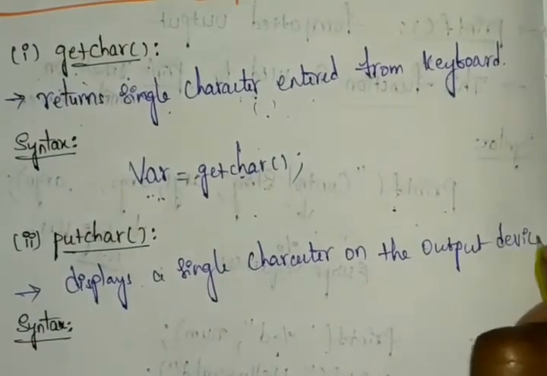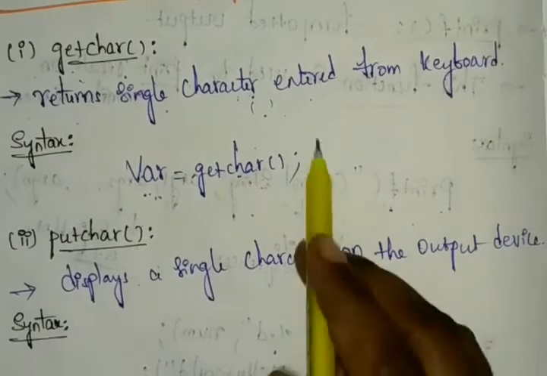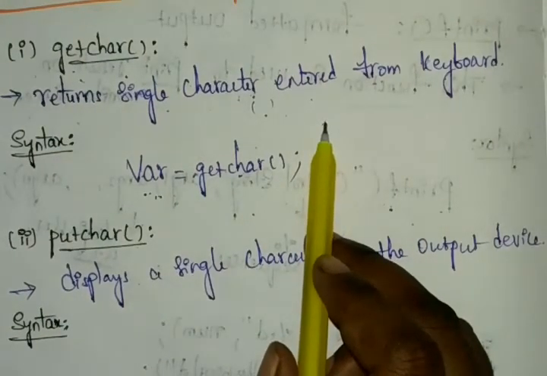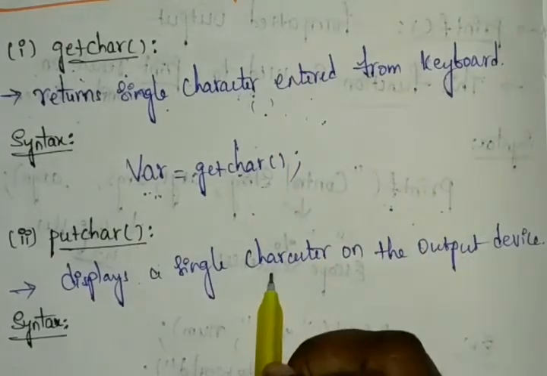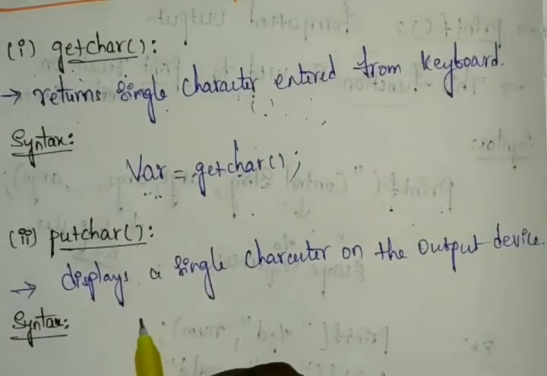Output device means your monitor screen. Suppose you enter a character like B, it will be displayed on our monitor screen by putchar.